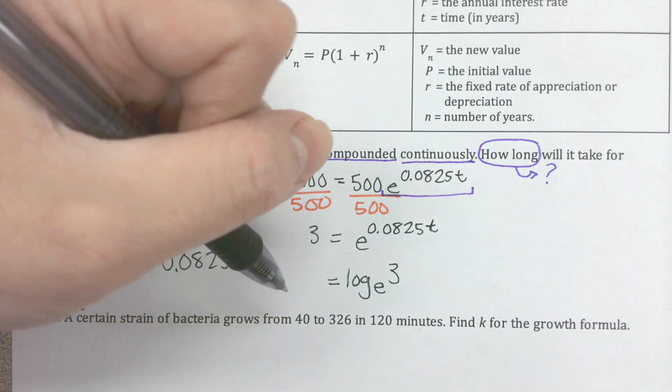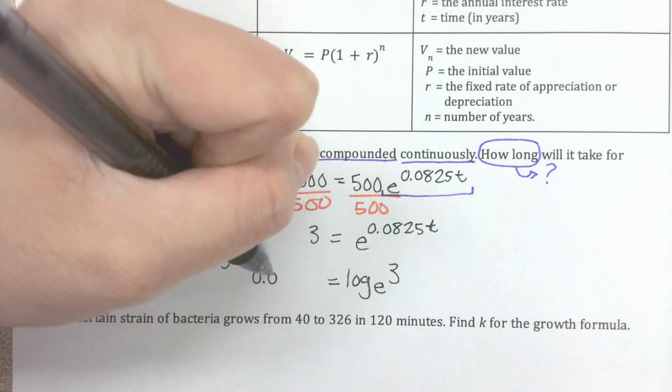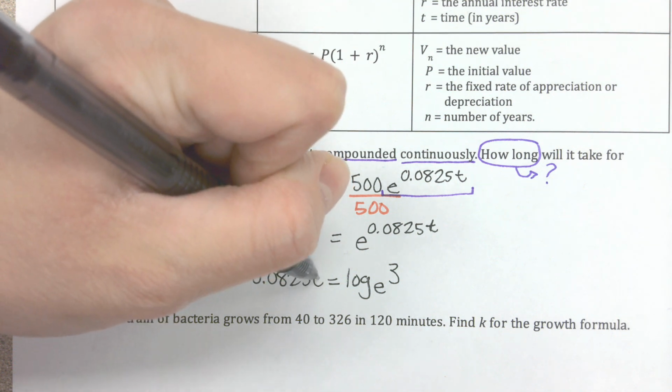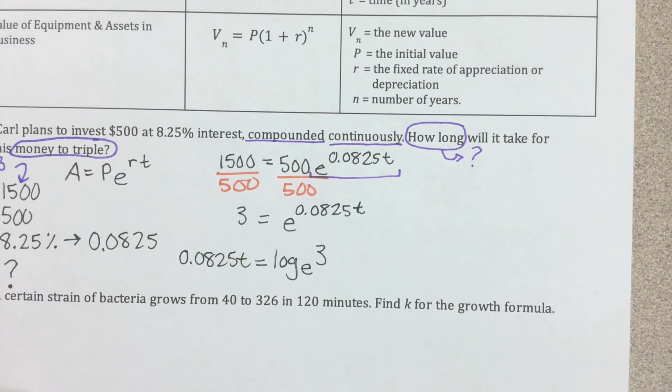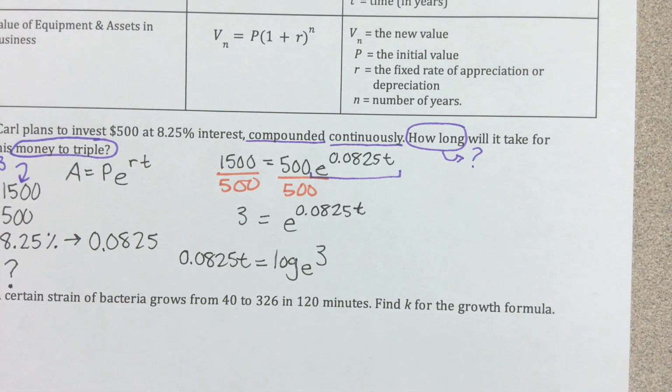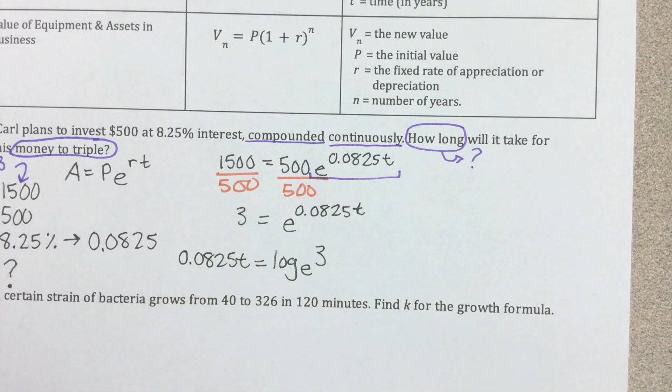And then on the left side, we'll have 0.0825t. You are allowed to go ahead and put the right side into your calculator to get a decimal, but I personally like to wait until the end to get my decimals just so it doesn't affect any later rounding, but that's just me.